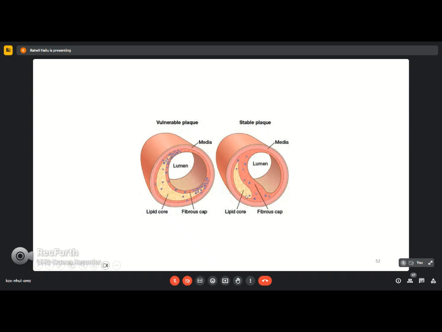So normally a part of the media gets its nutrient supply through the vasa vasorum, but the inner side gets its nutrient supply from the blood that circulates on the luminal side.